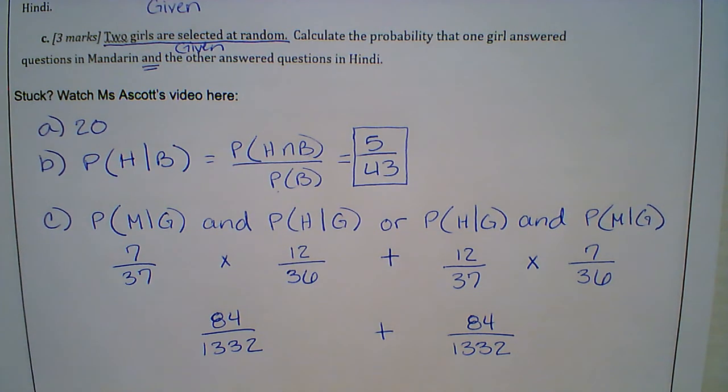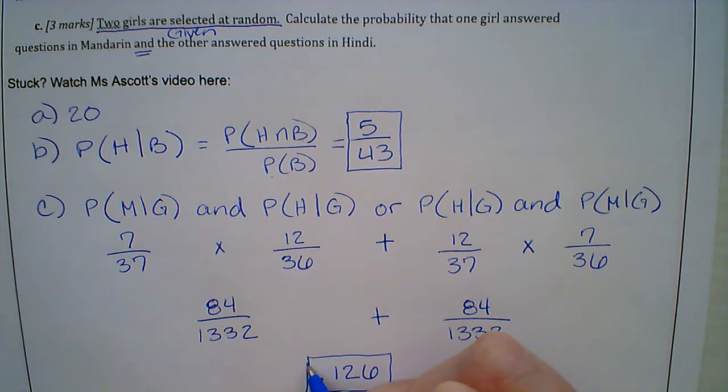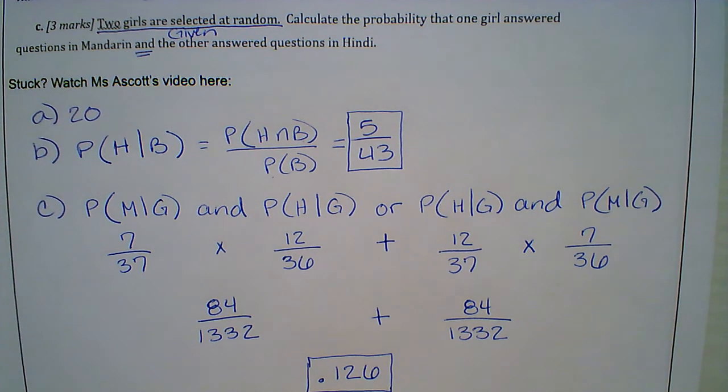So if I do this calculation and I add these two together, I'm actually going to shift gears and just turn this into a decimal so I don't end up with giant numbers here. And I'm going to end up with 0.126. And that is the probability that one of the girls answered in Mandarin and the other one answered in Hindi.